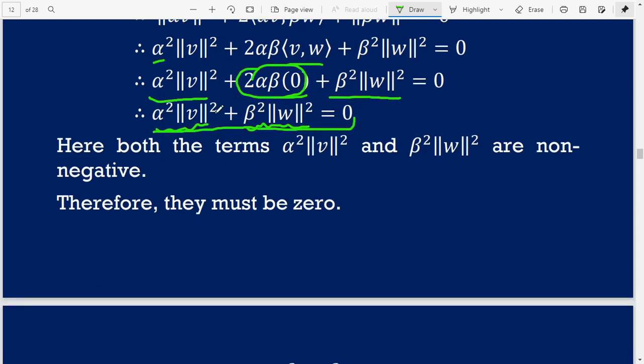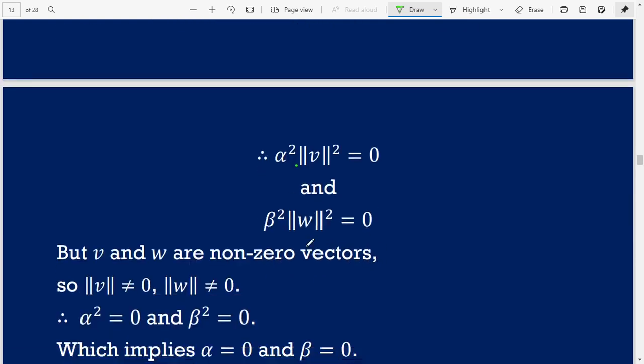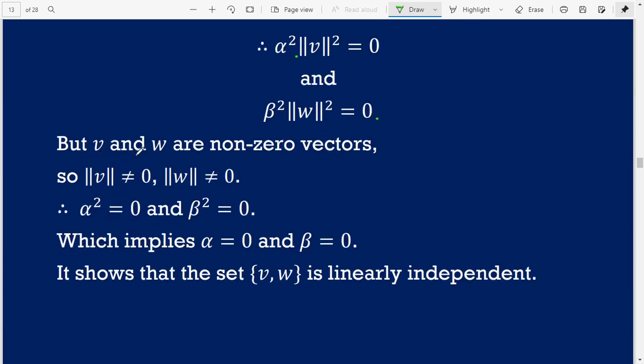Therefore both must be 0. So alpha square into norm V square is equal to 0 and beta square norm W square is equal to 0. But V and W are non-zero vectors. We have given V and W are non-zero vectors in inner product space.